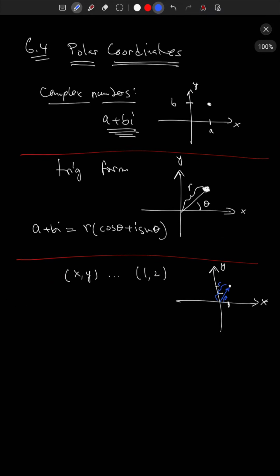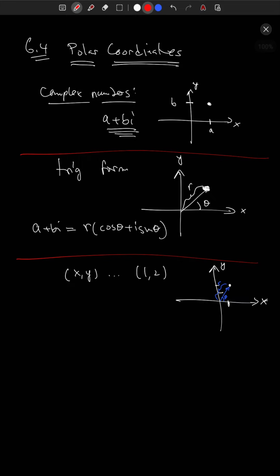All right. So if you understood the transition from complex numbers in standard form to complex numbers in trig form, we're doing exactly the same thing here, except the transition from rectangular coordinates, 1 comma 2 here, to what we're going to be calling polar coordinates, where you would be writing, instead of x equals 1, y equals 2, r equals something and theta equals something.